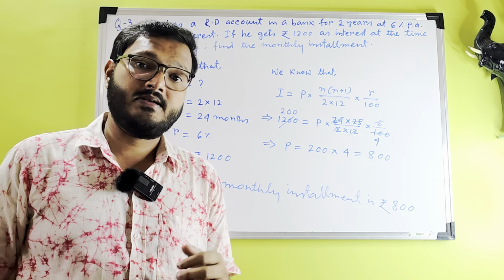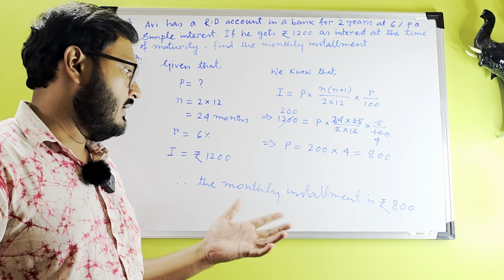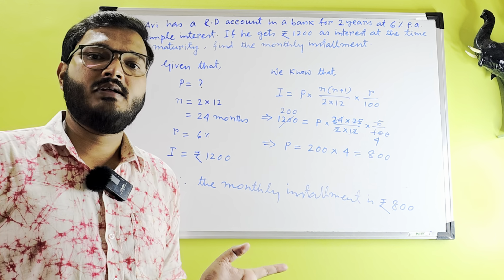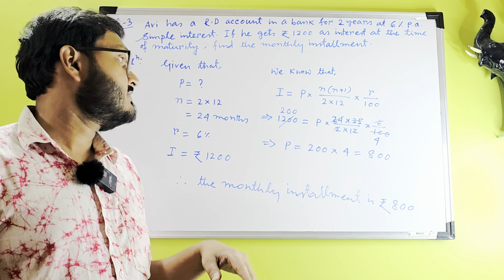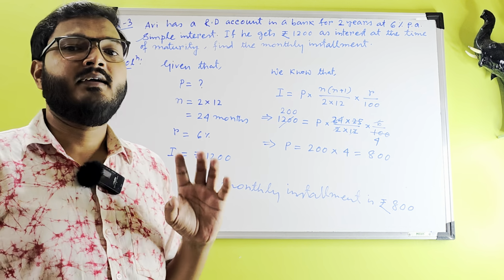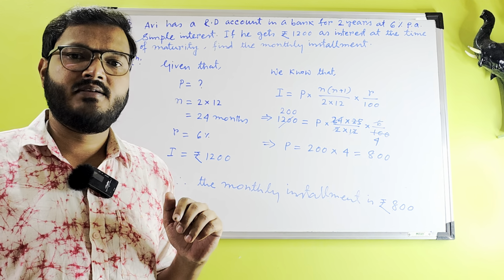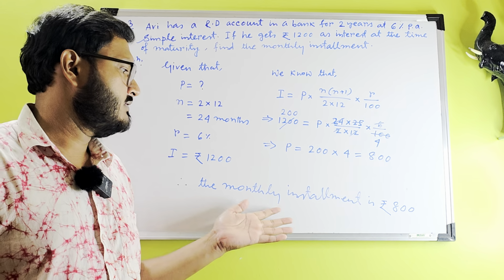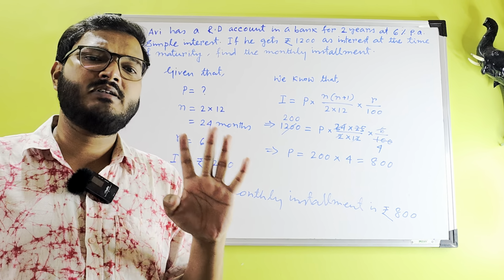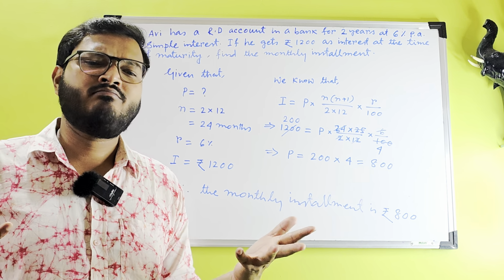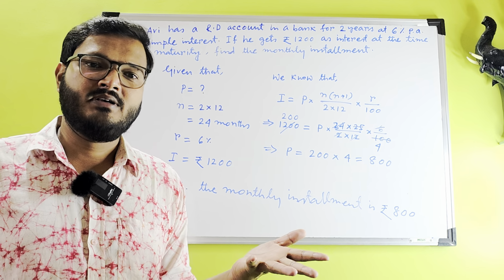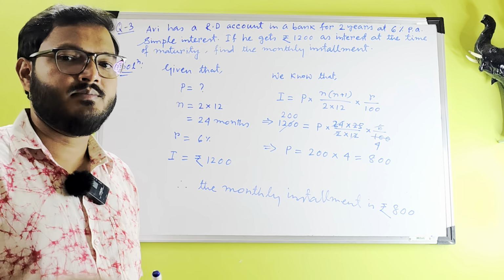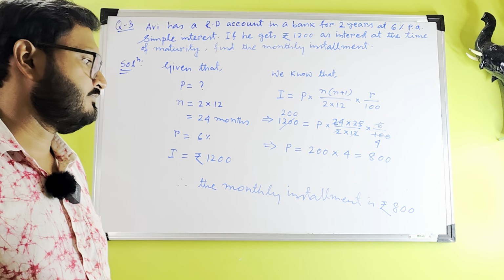Yes, rupees 800. I hope this sum is also clear. In the next sum we'll find n. It is a little bit tricky, but don't worry, we'll clear it. So these four types of sums are there. Other sums are similar to this. So let's jump to the next sum.